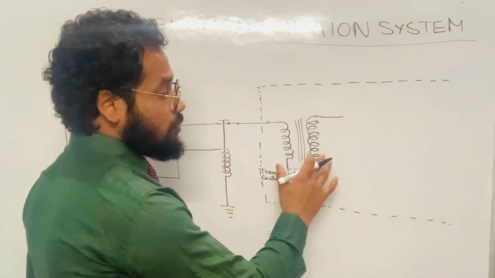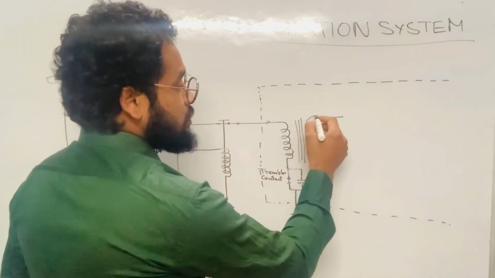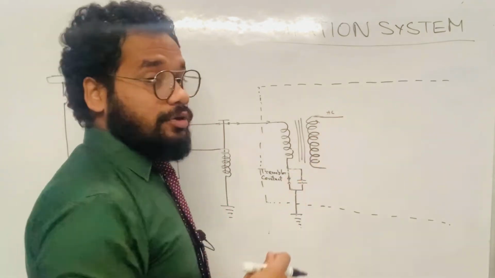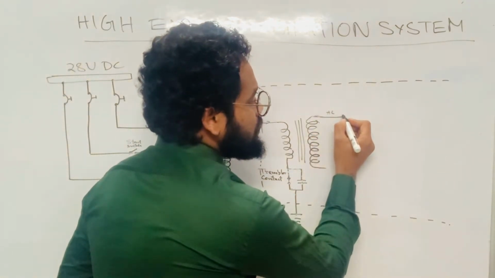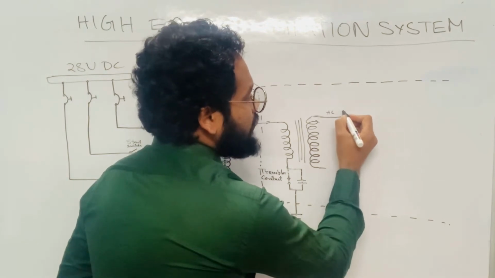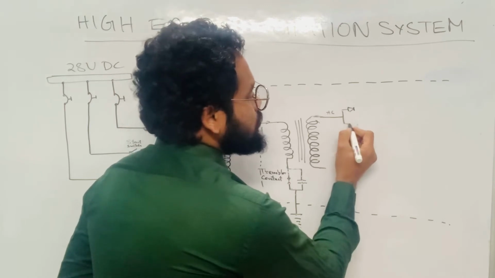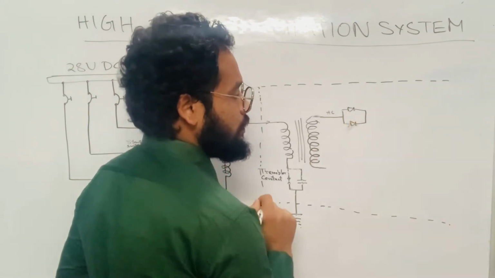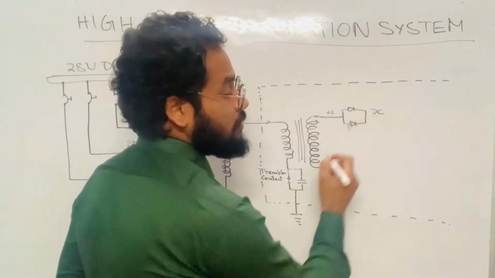And that will be a very high tension voltage, and it is of AC nature. Now this AC, I want it to be in the DC state. So how will it be? I have to connect a high voltage rectifier. Suppose this is a high voltage rectifier connected in the circuit. The output of this rectifier will now be DC, right?